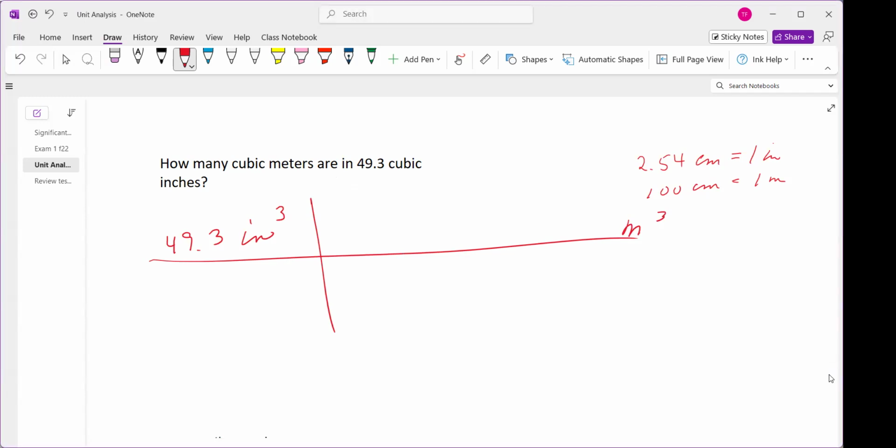Well, we do know that we'll get the cubic centimeters, and then from there, okay, inches will cancel.